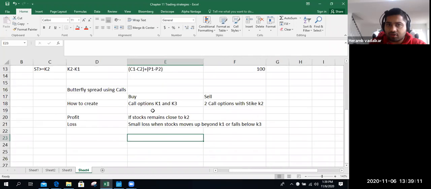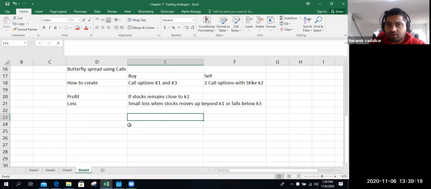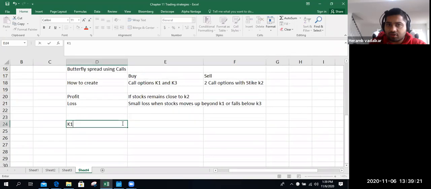Buy a call option with K1 and K3 strike prices and sell two call options with strike price K2. What does that mean? You choose three strike prices, K1, K2 and K3.